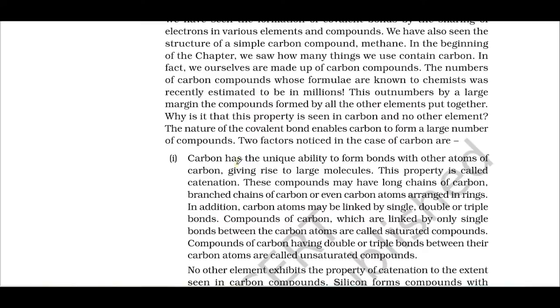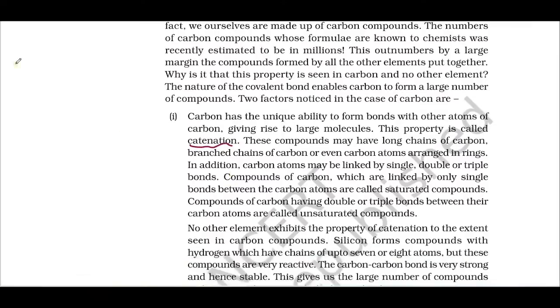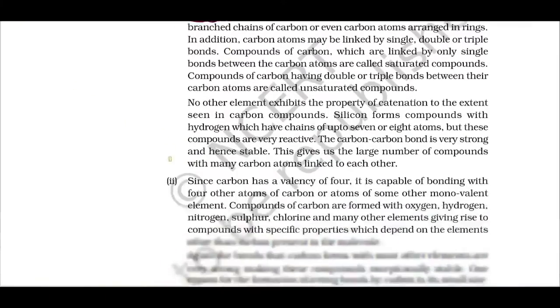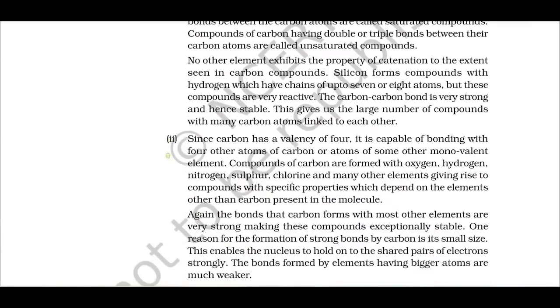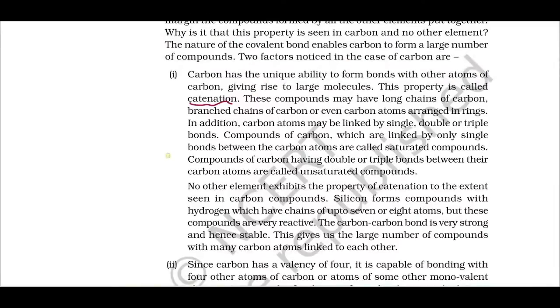Because of two unique properties of carbon: one is catenation, and another is tetravalency, because of the 4 valence electrons. What is catenation? Carbon has a unique ability to form bonds with other atoms of carbon, giving us a large number of molecules. This is called catenation.